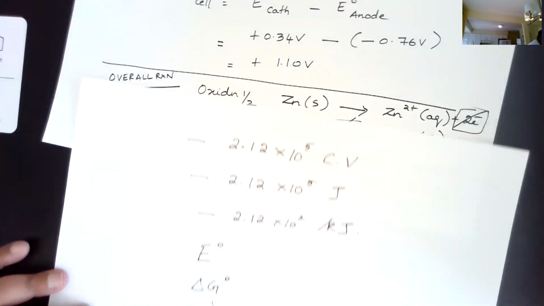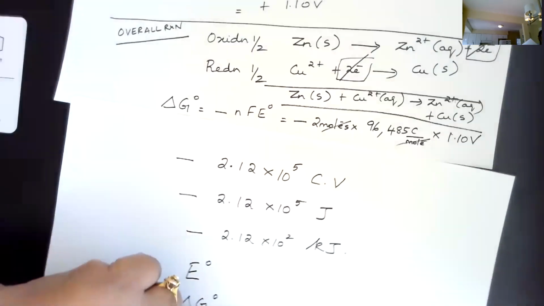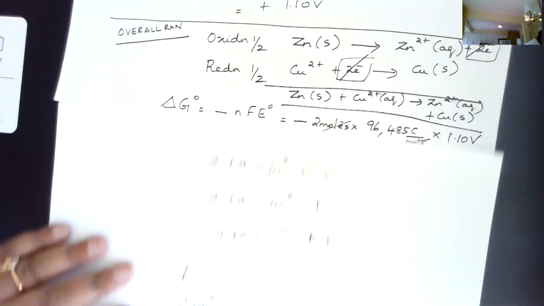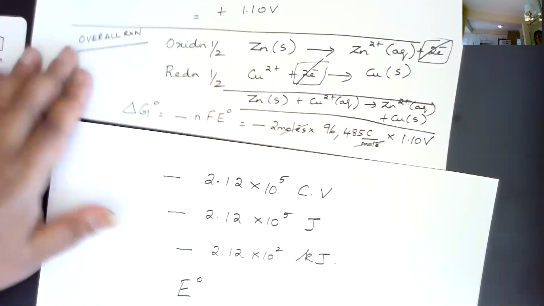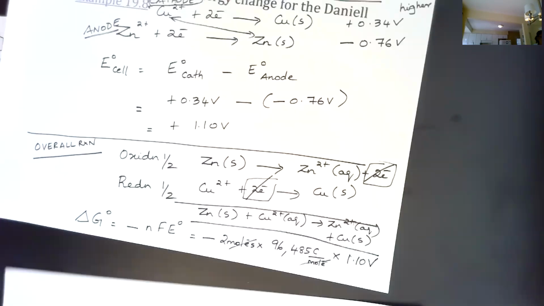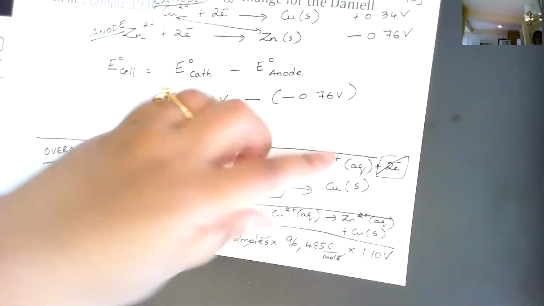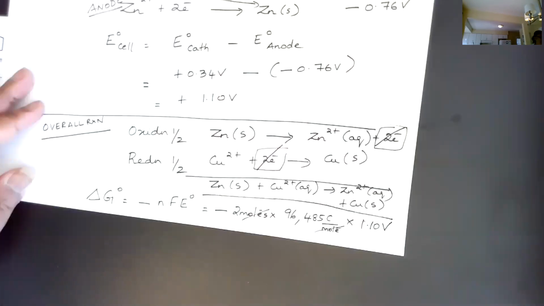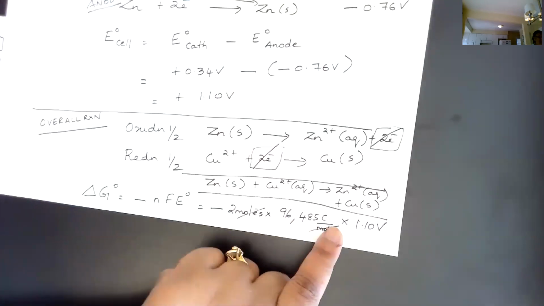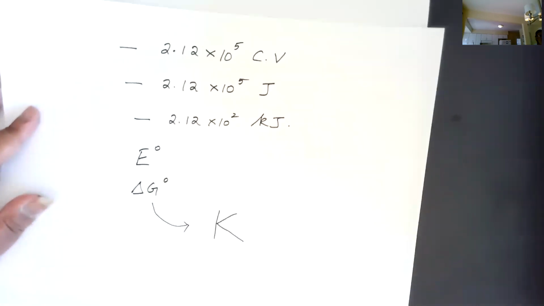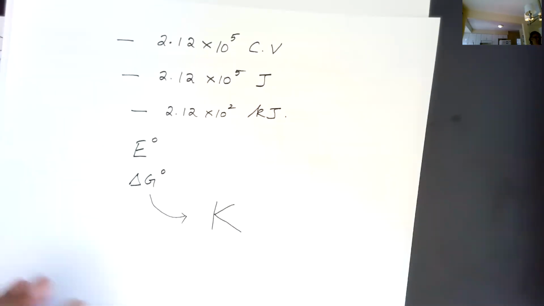So I'm going to do a problem with K and then we'll finish with that. Here you should calculate E0 cell like you have been doing. And then you need to be sure how many electrons are transferred, and you have to balance the number of electrons. Here it's already balanced, so you didn't have to do anything. And then you just use those moles of electrons, this constant and this, and the answer will directly be in joules. And if asked, you'll have to convert that to kilojoules.